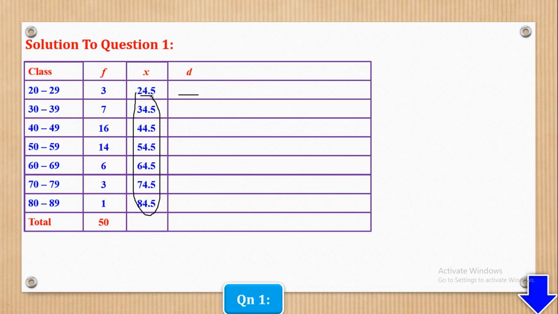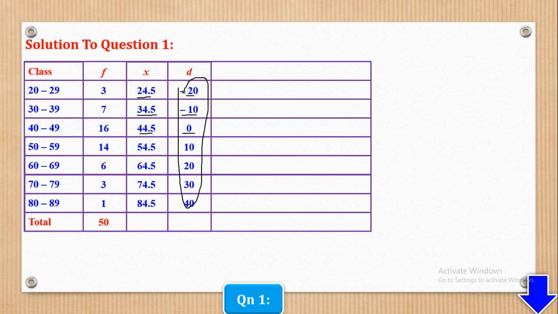So when you do that, that's what you are going to come up with. So I think you realize that when I say 24.5 minus 44.5, which is the working mean, I'll come up with negative 20. When I say 34.5 minus 44.5, I'll come up with negative 10. 44.5 minus 44.5, I'll come up with 0, and so on until I get all those values.